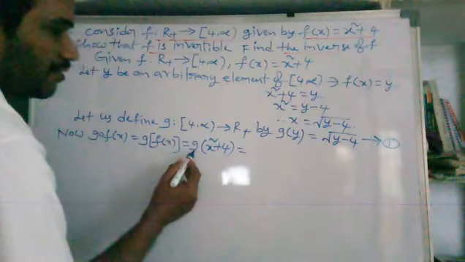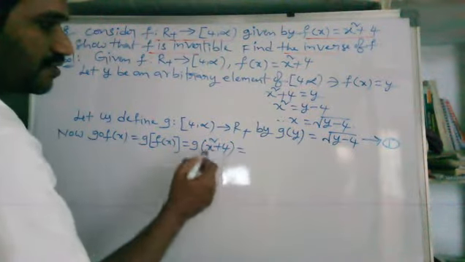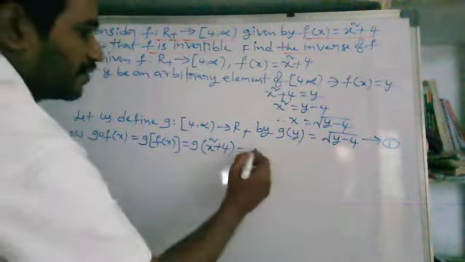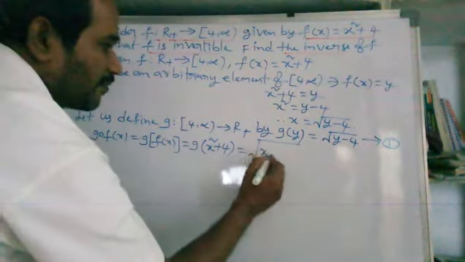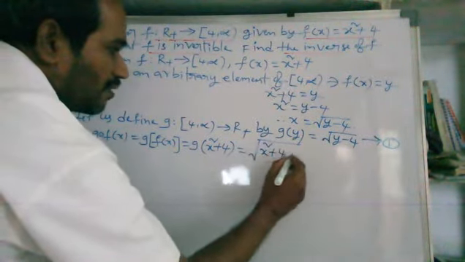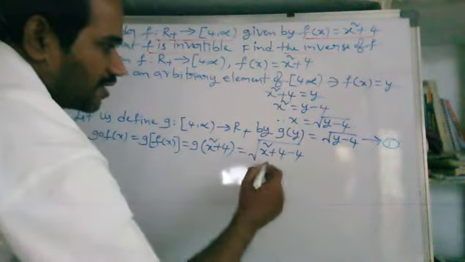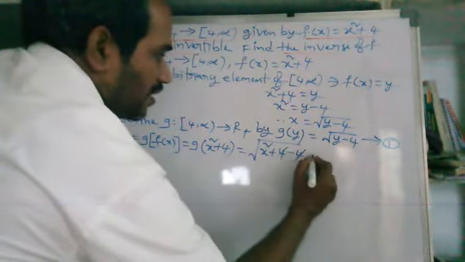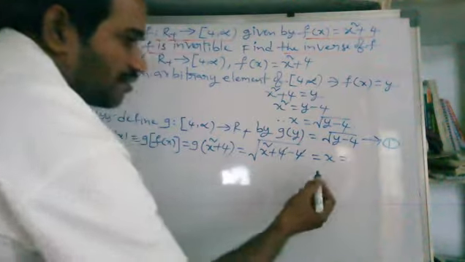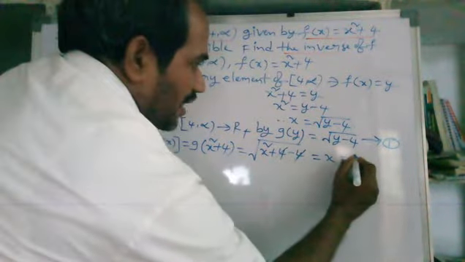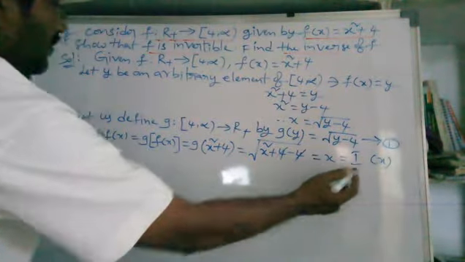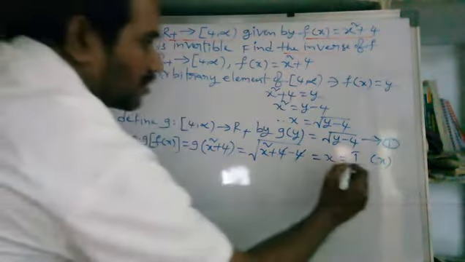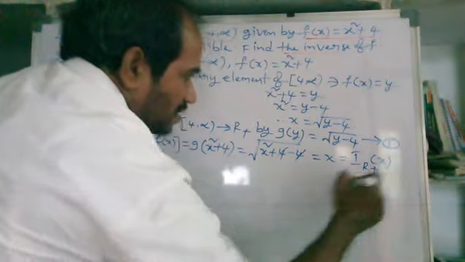Since g of y is square root of y minus 4, with y equal to x square plus 4, that is square root of x square plus 4 minus 4. The 4 gets cancelled, and the square root of x square is x. So this is the identity function, x is equal to I of x, with the suffix R plus.